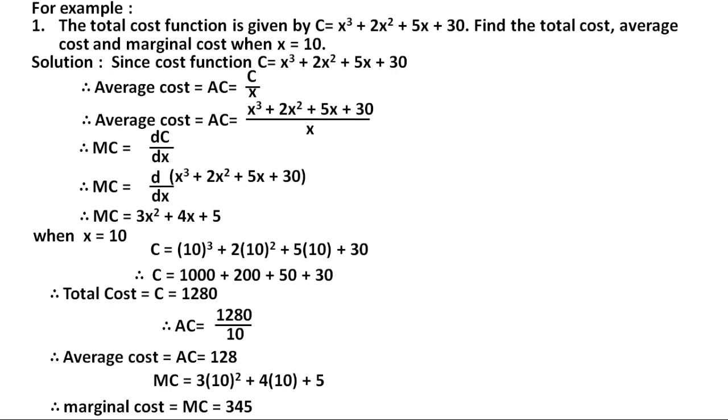Now next, take example 2. The total revenue function is given by R is equal to 30d minus 2d square plus d raised to 3.